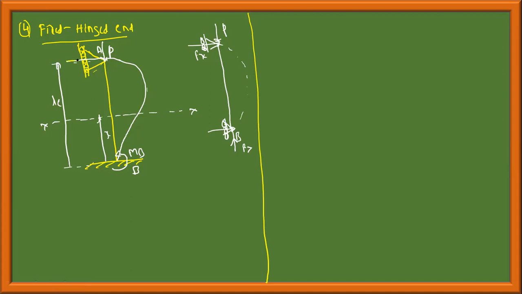Let me call this force F. Why I'm not considering this force at the pinned end is, if I take the moment about this point, there is no moment from this force. F of x into LE is equal to 0. Summation of moment should be equal to 0. Since length is not equal to 0, F of x is equal to 0, so there is no reaction force in the case of a hinged end.